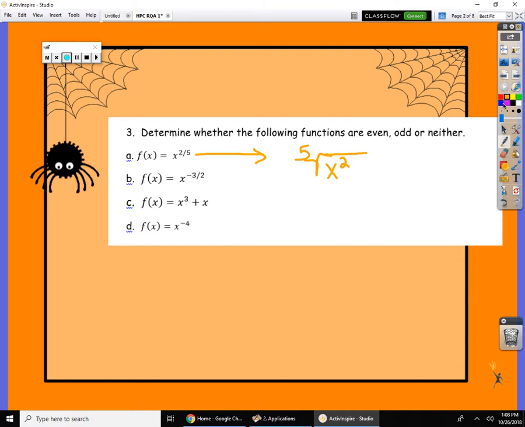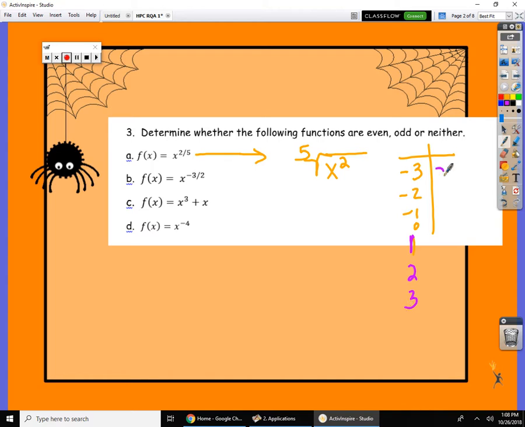What do you mean that's confusing? Okay, so I'm going to go with negative 3, negative 2, negative 1, 0, 1, 2, and 3, right? Okay, so if I plug in negative 3, that's 9, right?